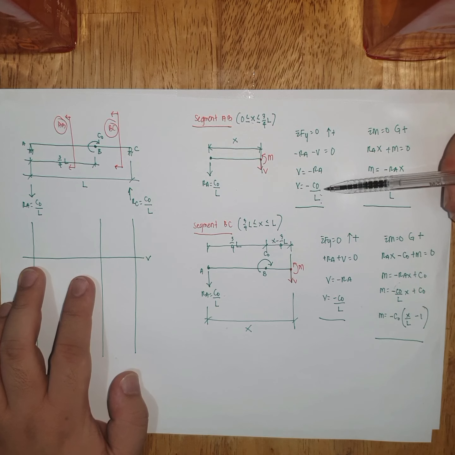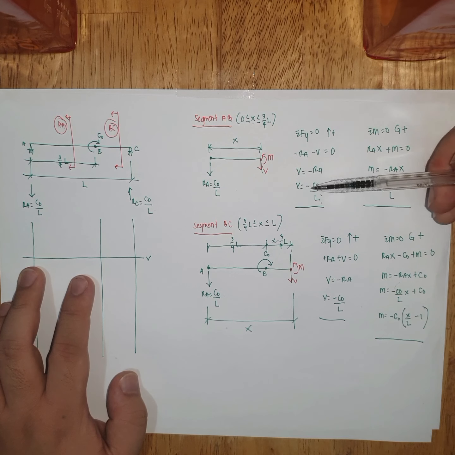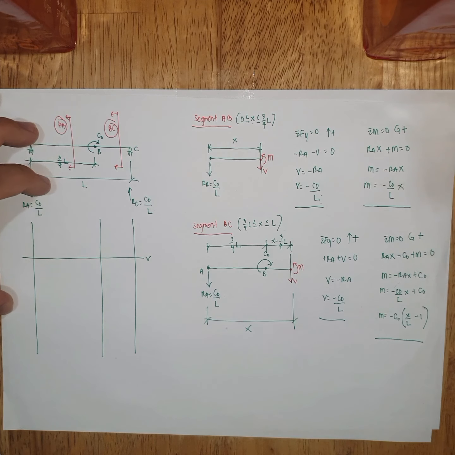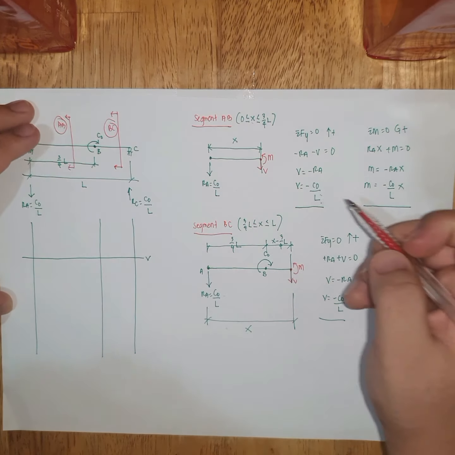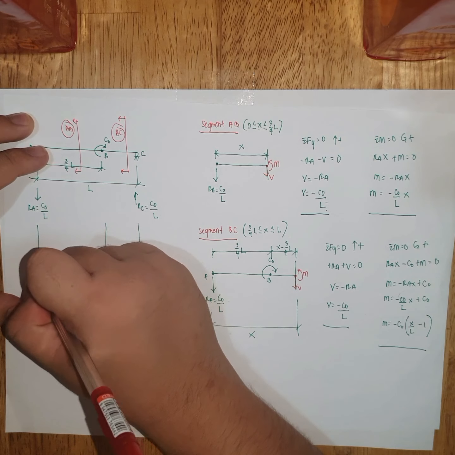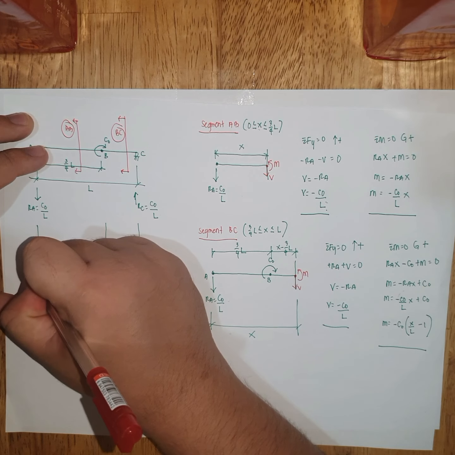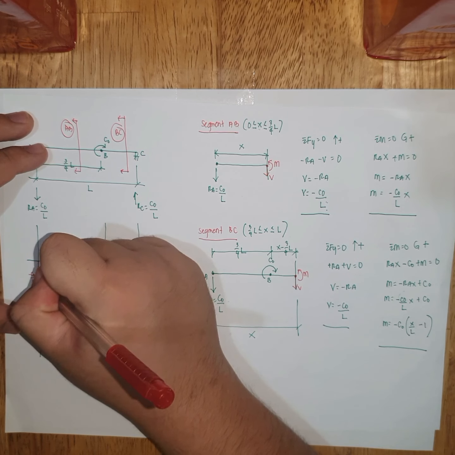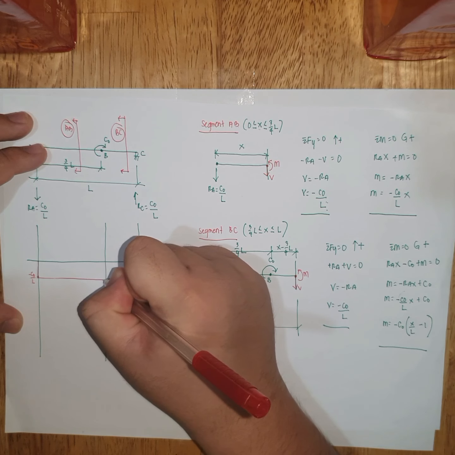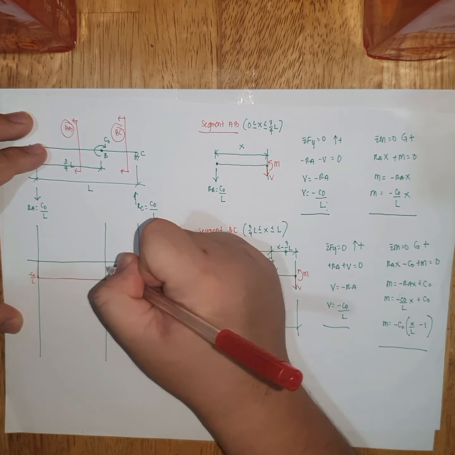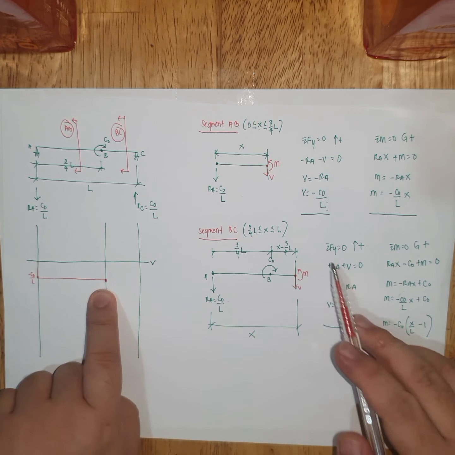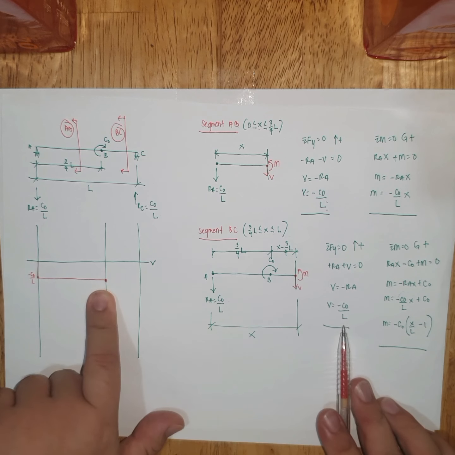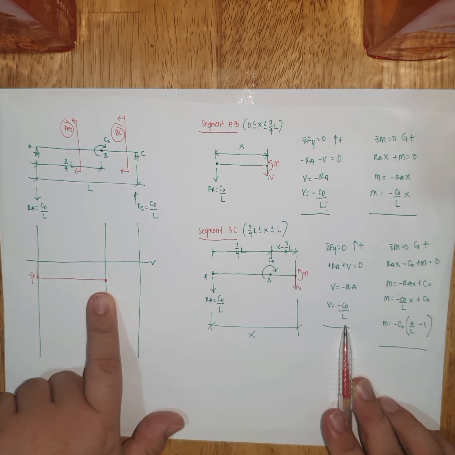So since wala naman tayong arbitrary value ni X, so consistent lang na negative C sub O over L lang yung value natin. Okay, so mula dito may negative C sub O over L, tapos consistent lang tayo papunta sa B. Then pagpunta kay BC, pag substitute mo dito, consistent pa din siyang negative C sub O over L hanggang doon sa dulo.